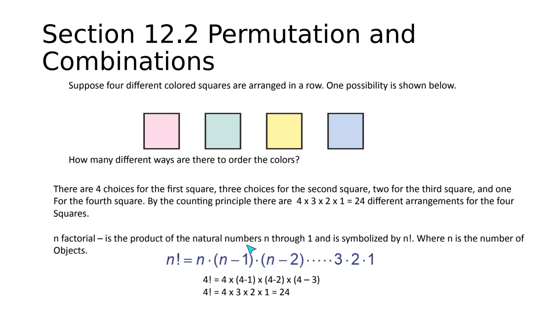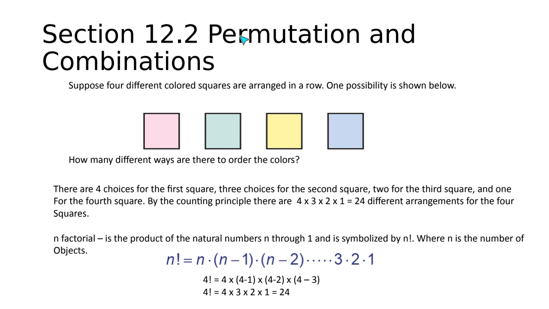And so here there are 4 choices. For the first square, there's 4 choices. Then we only have 3 left for the second square, 2 for the third, and 1 for the fourth. So by the counting principle, we would still have 4 times 3 times 2 times 1, which is 24 different arrangements for these 4 squares.